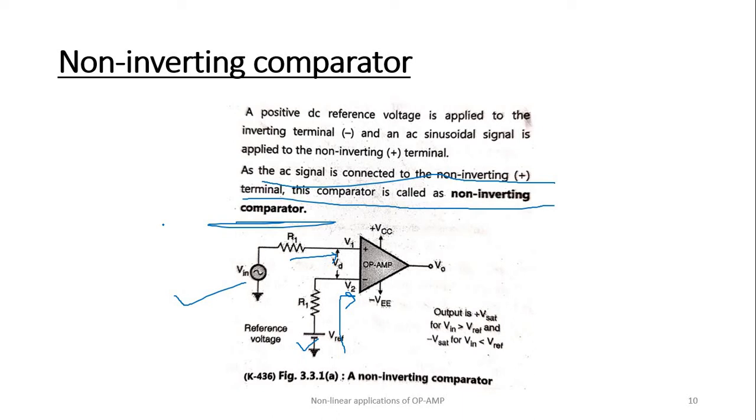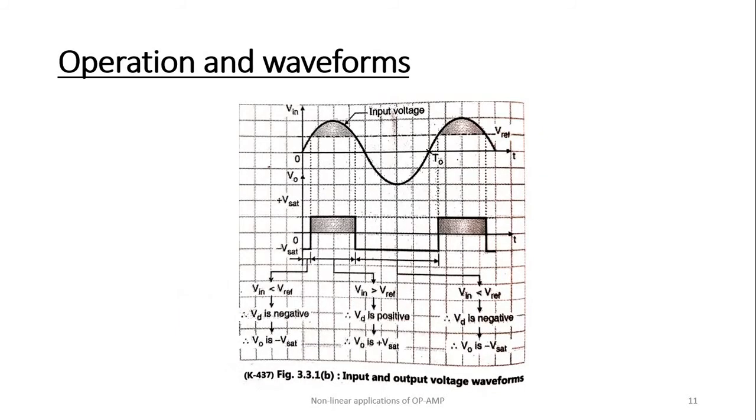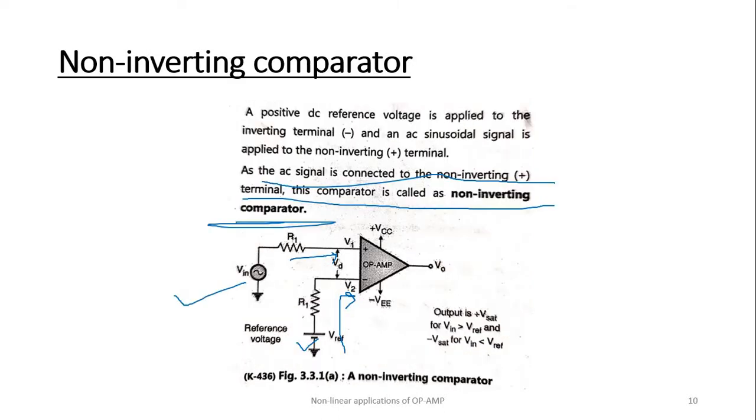Now the operation and waveform of this non-inverting comparator. As the current through the resistor R1 in this figure is almost 0, the voltage drop across this resistor is also 0.